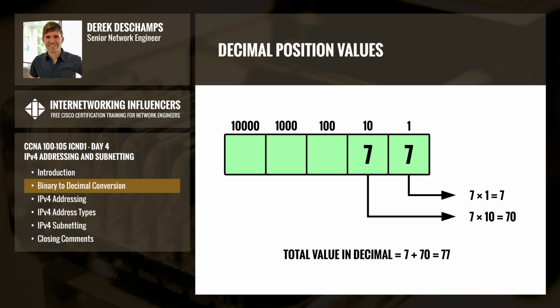So if we have the decimal number 77, we have the number 7 in the first position and the number 7 in the second position. We take 7 times 1, which equals 7 from the first position, and 7 times 10, which equals 70 from the second position, and add them together, giving us a total value in decimal of 77.